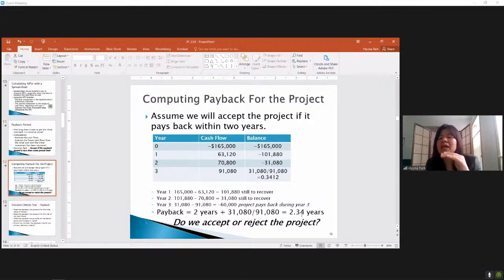The CFO's office, for example, gives a guideline to engineers in the field: when you make an investment under $100,000 in replacement of equipment, the payback period is 3 years, or 2 years. In that kind of situation, the payback period is useful.